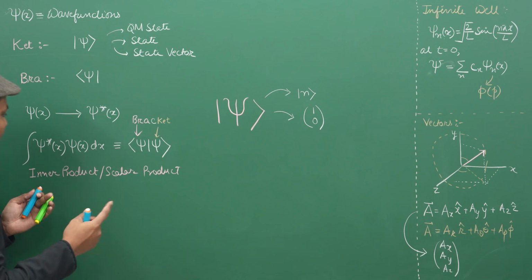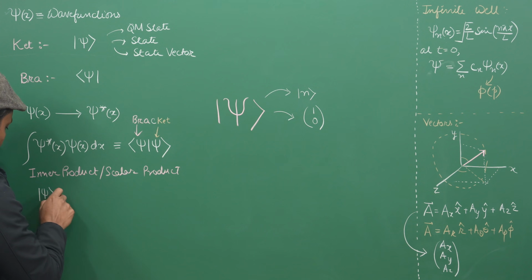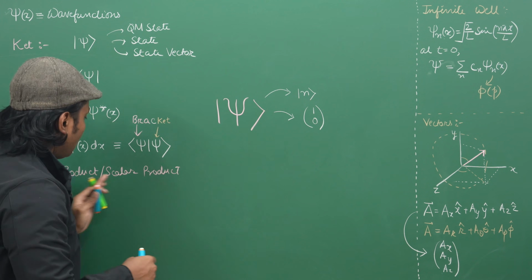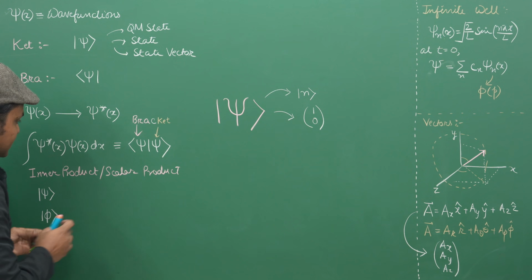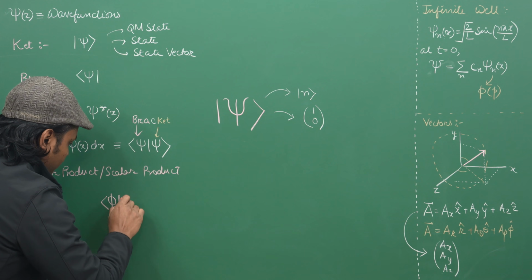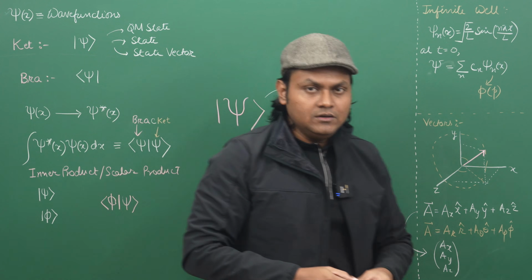So for example, if I take two distinct kets, let's suppose I take a distinct ket psi and phi, I can find out the inner product or the scalar product of psi and phi in this manner. This is how it is represented. But the question is, what does it actually mean?